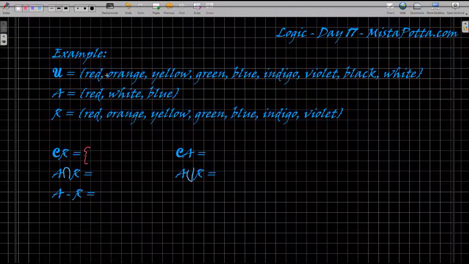Well, red, orange, yellow, green, blue, indigo, and violet are already taken up. But black and white are missing. So my complement is going to contain black and white.